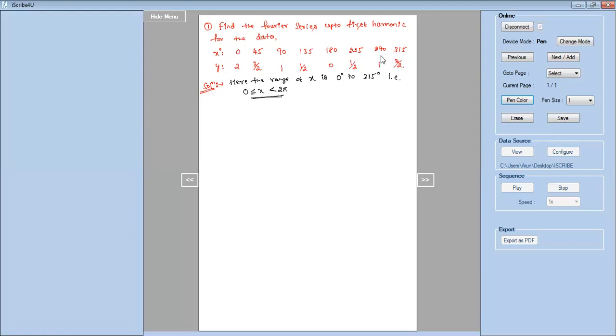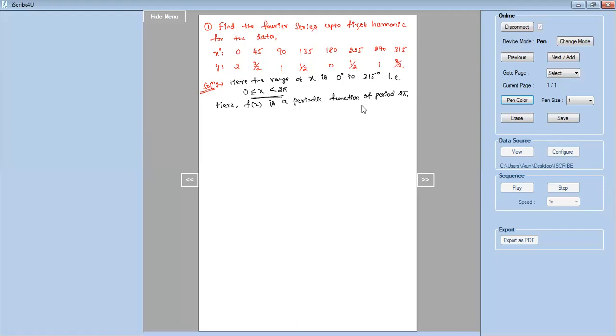So starts at the first quadrant, ends at the fourth quadrant, means it is a periodic function of period 2 pi. Right? This is how you have to identify. So let us write like this: here f of x is a periodic function of period 2 pi. So we have identified its period, and this completes your first step.